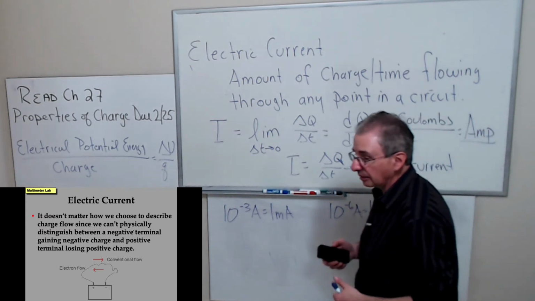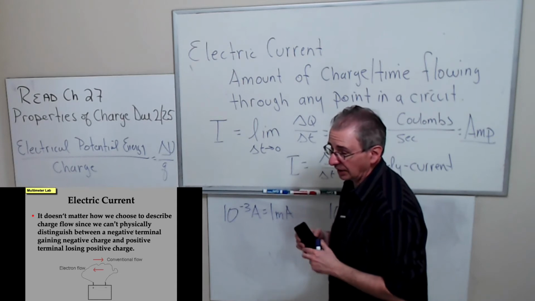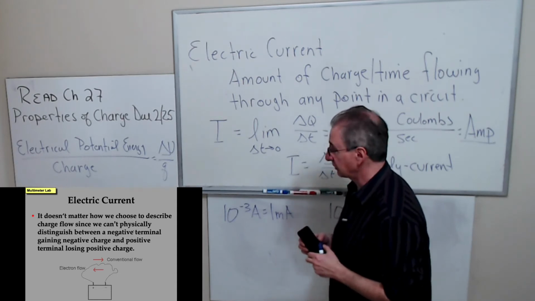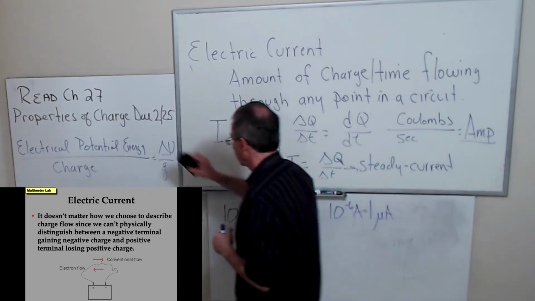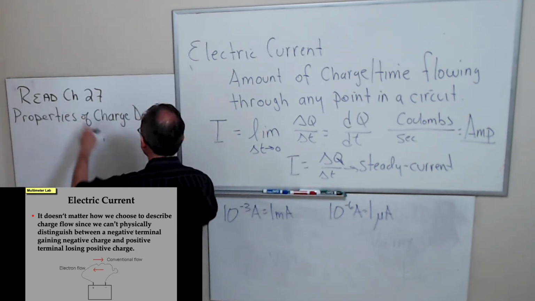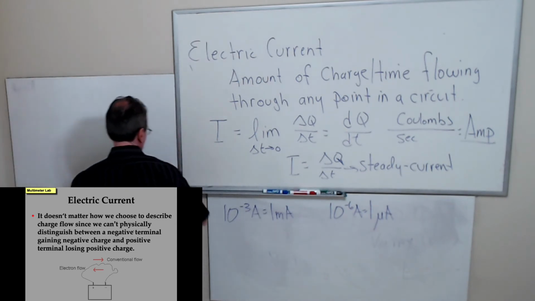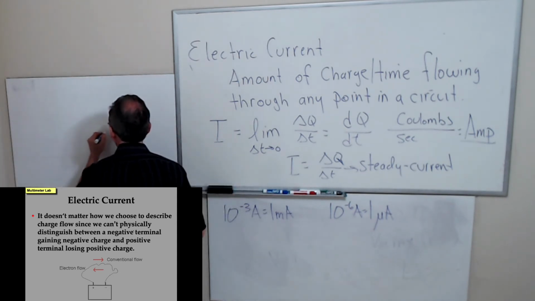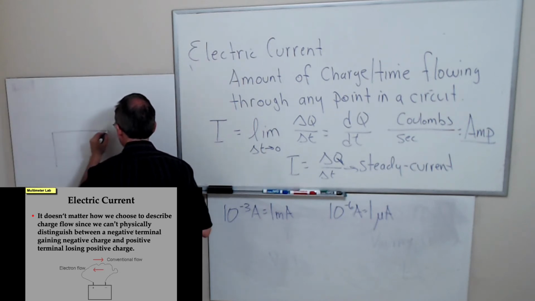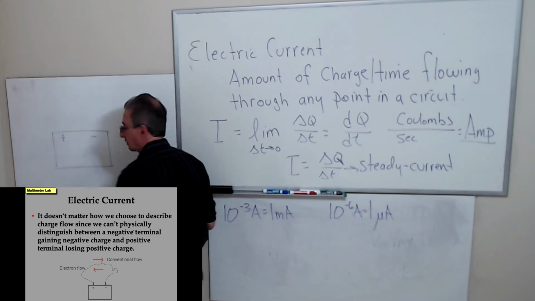I want to talk a little bit about the battery. And I really want to talk about the concept of electric current. So let me draw a picture, and I'm going to erase this. So let me draw my battery. This is the positive terminal, that's the negative terminal.